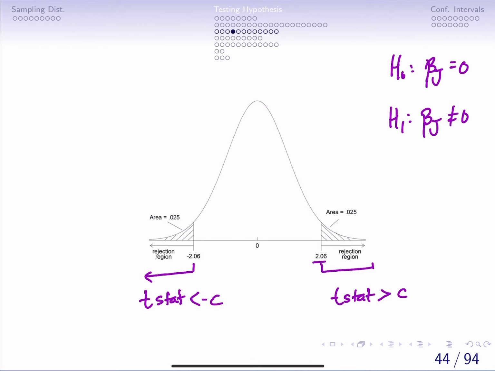Since this is symmetric, you see that it says 2.06 on either side of the number line, but you could also write this as the absolute value of the t-statistic should be greater than the critical value.